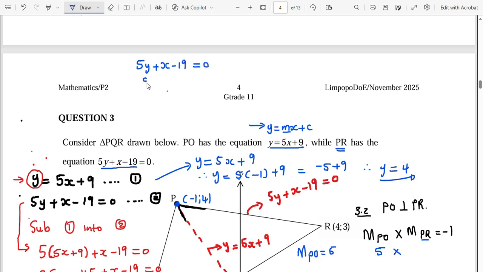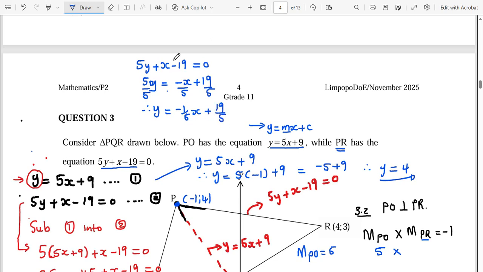Let's make y the subject of the formula. I'm going to move everything to the other side, which gives us minus x plus 19. Let's divide everything by 5. Therefore, the standard form is y equals minus 1 over 5 x plus 19 over 5.